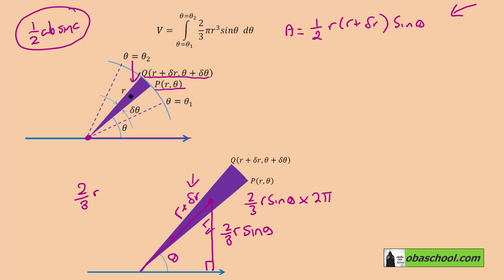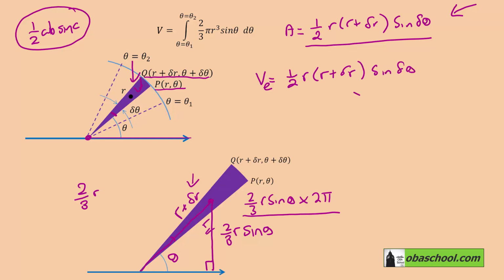So let's think about the area of this element again. The angle in the middle there is actually delta theta, so this one will be sine delta theta. So that's the area of our element, and this is the distance moved by the element. Therefore, the volume swept out by the element is going to be a half r plus delta r, sine delta theta, multiplied by 2/3 r sine theta times 2 pi.